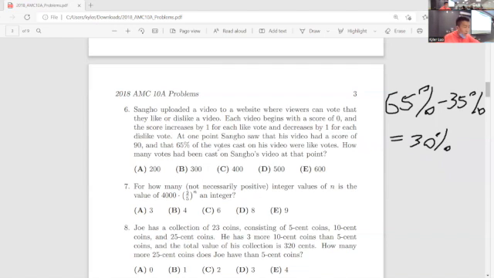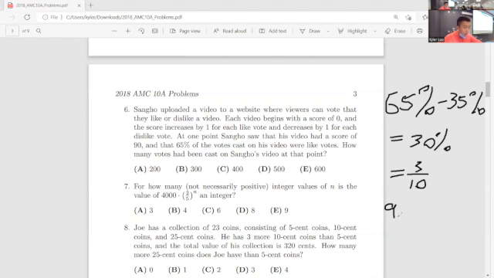And since you know that at one point Sango saw that his video had a score of 90, the difference of these two, this 30% of the number of people who voted, is equal to 90. So 30%, if you were to write it as a fraction, is equal to 3/10.